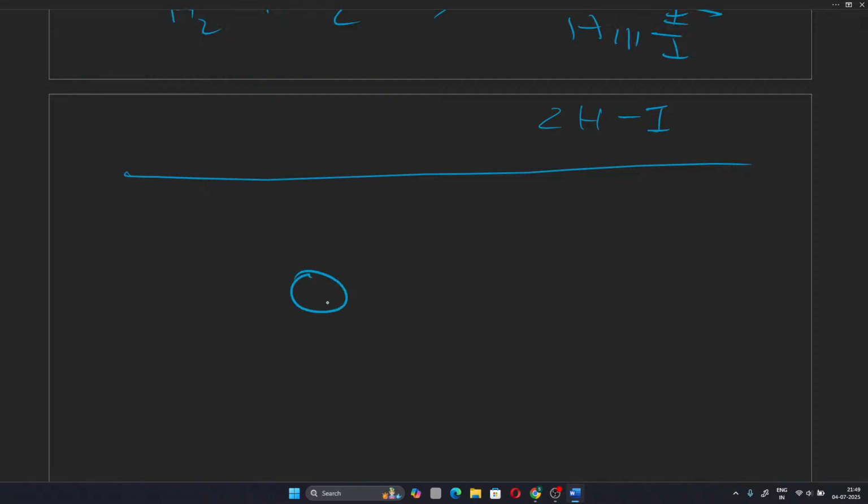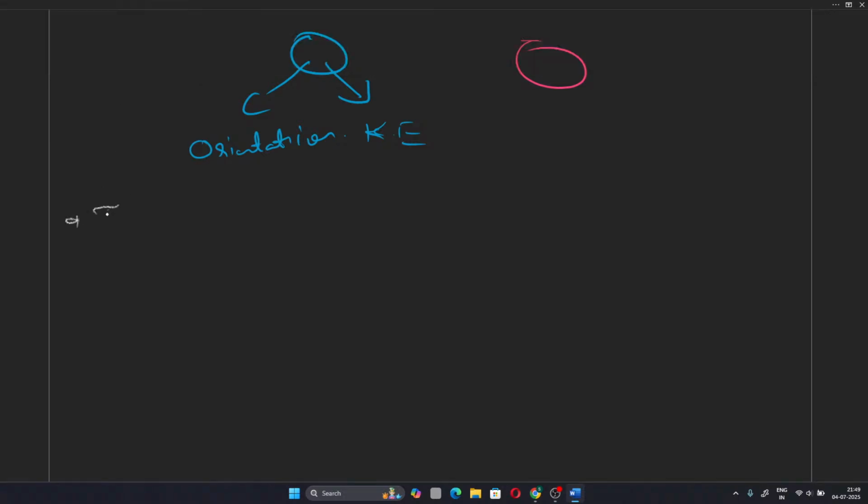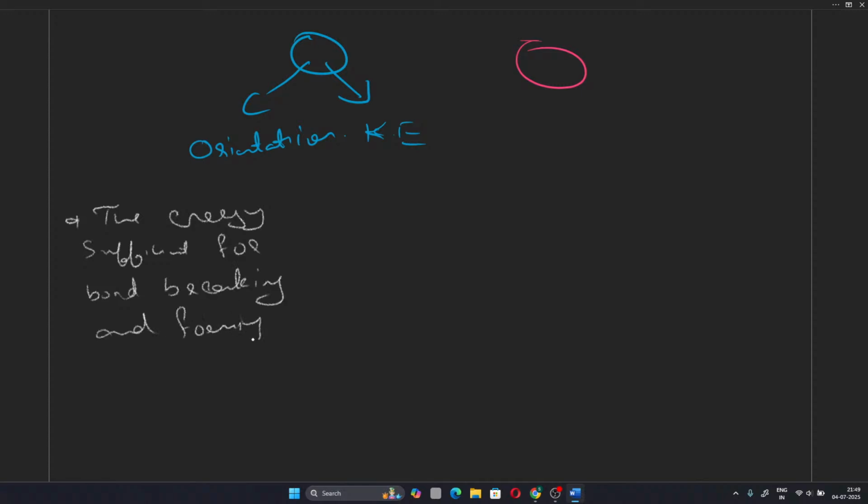Two molecules having a kinetic energy and orientation sufficient for bond breaking and forming, that energy is called threshold energy. This kinetic energy should reach the threshold energy.